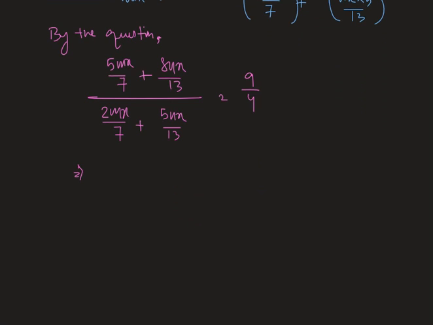Or we can write (5m/7 plus 8n/13) whole divided by (2m/7 plus 5n/13) is equals to 9/4.